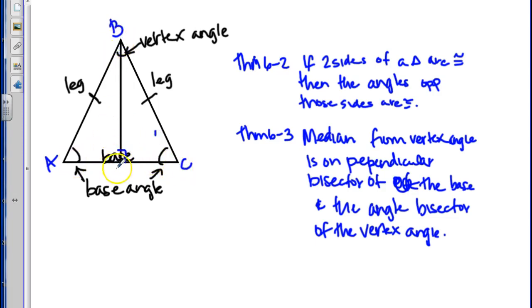A median just comes from the vertex and goes to the midpoint, but in an isosceles triangle, it's also perpendicular to the base, and it also splits these two angles in half, which makes them congruent to each other. So these two angles are equal to each other. So ABD would be congruent to DBC. All right, good stuff. Make sure you have those two theorems in your notebook.